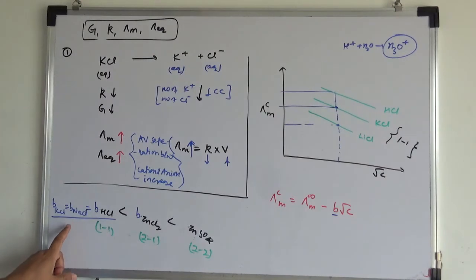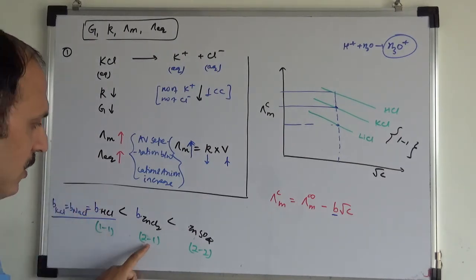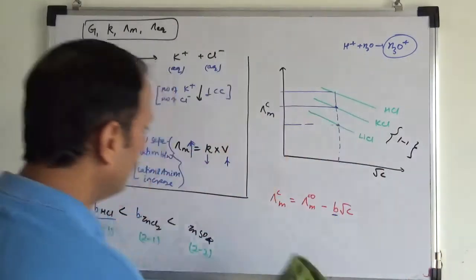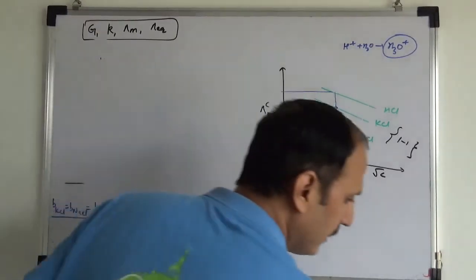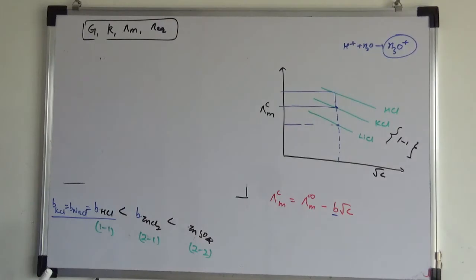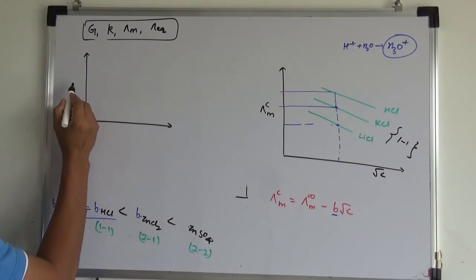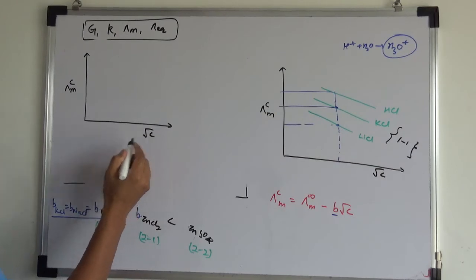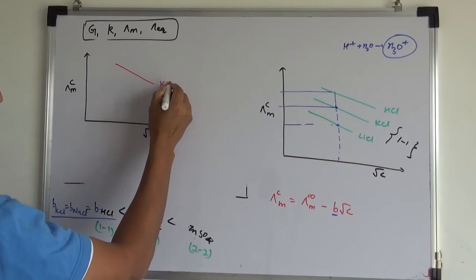The Debye constant, this B, depends on the charge. How much charge is there? 1:1 है तो उसका हमें almost constant होगा. 2:1 है. अभी इसी में अगर मुझे let's say graph draw करना है, this is molar conductance at a given concentration with root C. So just say for KCl, this is the graph.